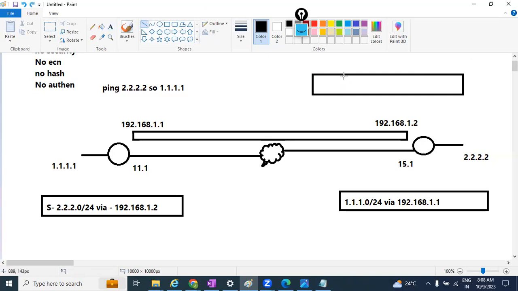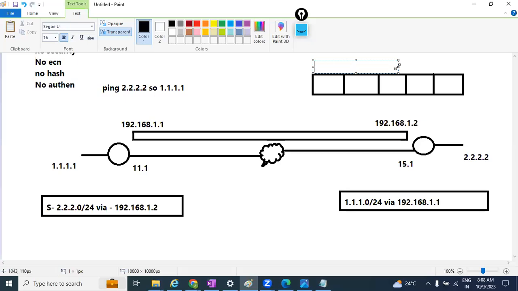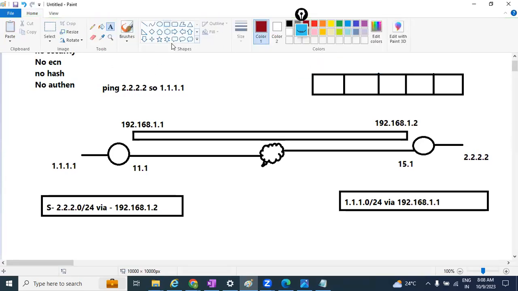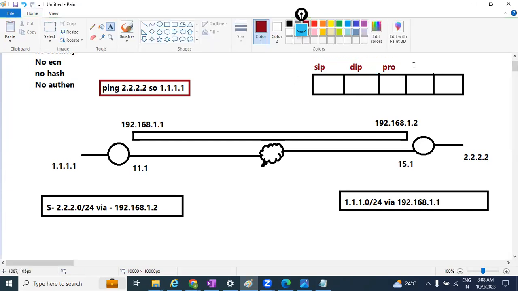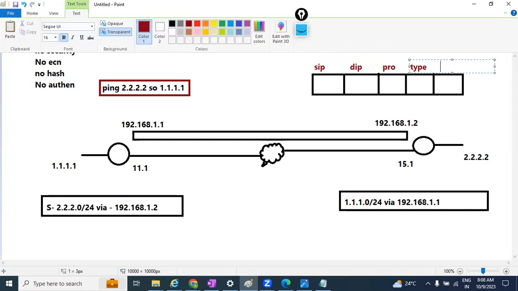First of all, source IP, then destination IP, then protocol, and then type and code.